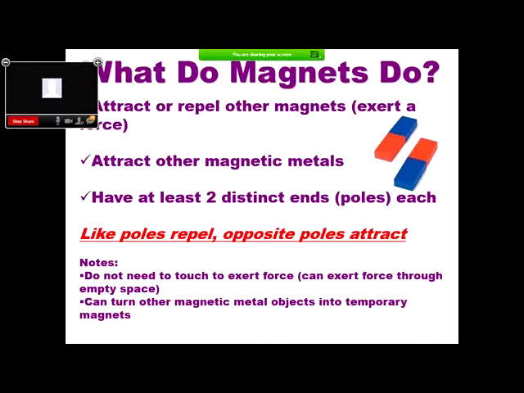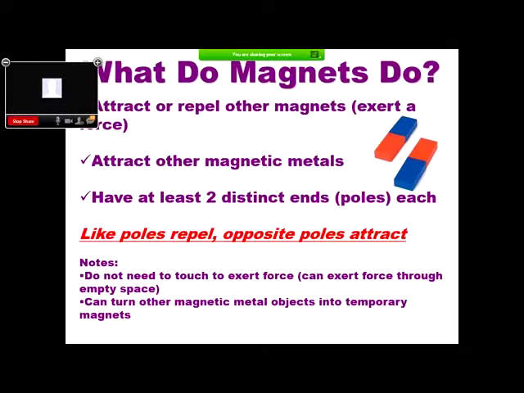And then the other thing that I've noticed both with teachers and students and the public is the terminology can get confused. In magnetism, what we're talking about are magnetic poles. And so magnetic poles, like poles repel, opposite poles attract.